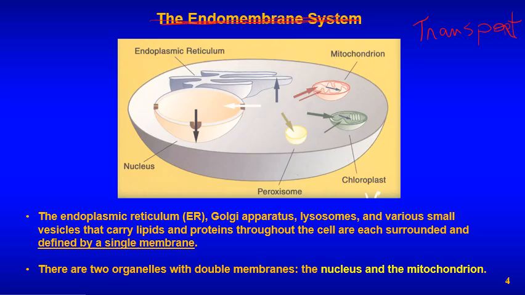Transport of stuff. Okay. So in order to transport things in the cell, especially when you're making proteins that are destined to certain membrane enclosed spaces, right? You're going to have to tell the protein where to go, okay? So let's see overall what is going to happen here.